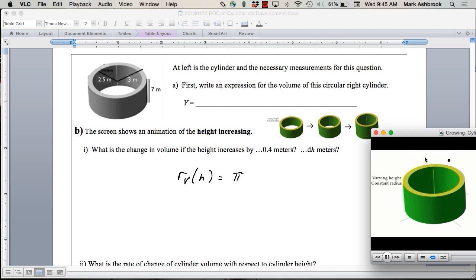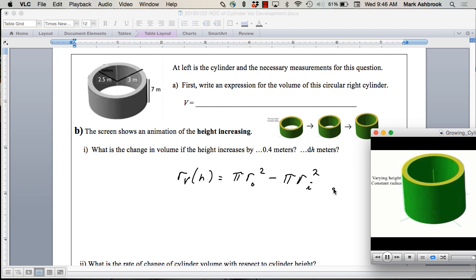The area of the whole circle minus the circle that's missing: pi r outer squared minus pi r inner squared. Super important. When that right cylinder is increasing in height, the rate of change of the volume with respect to height is the area of that yellow ring, or the area of the base.